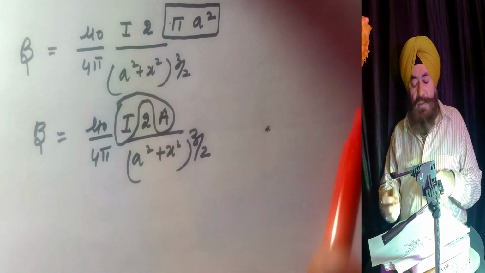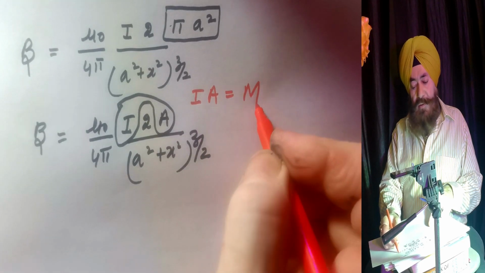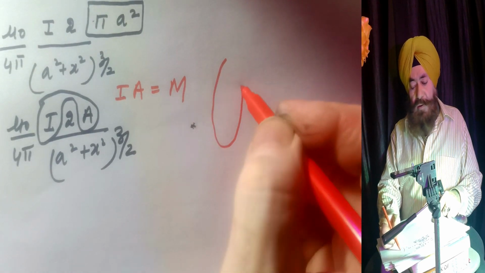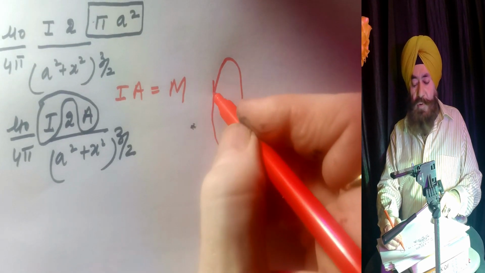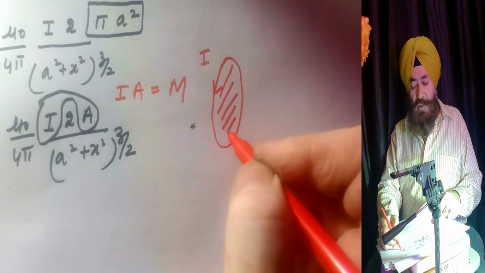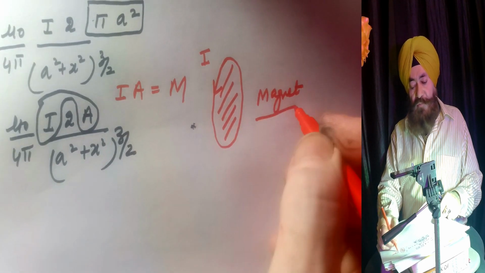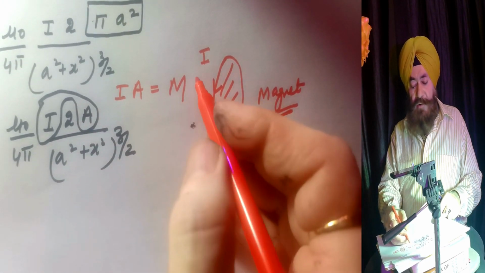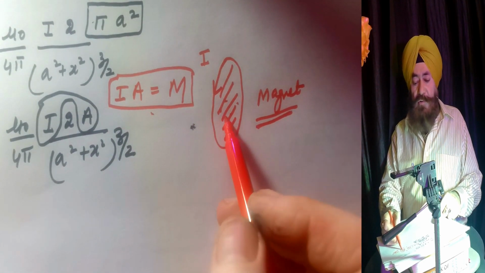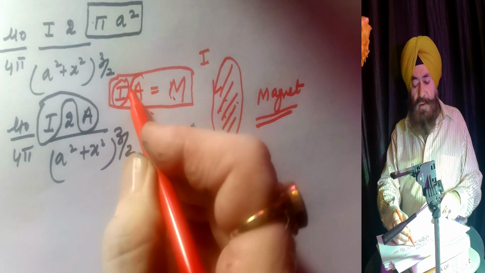Current into area is magnetic moment. You know, we are having a circular loop, current is flowing. When the current flows through the loop, it behaves like a magnet. If it behaves like a magnet, it must have magnetic moment. And what is magnetic moment? Current into area. And unit of magnetic moment, ampere meter square.